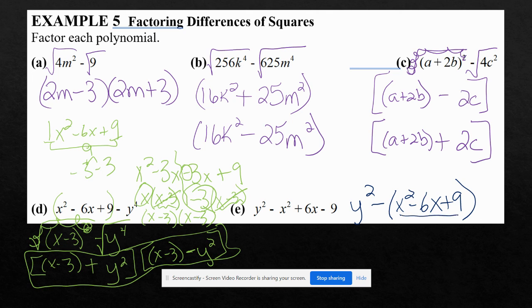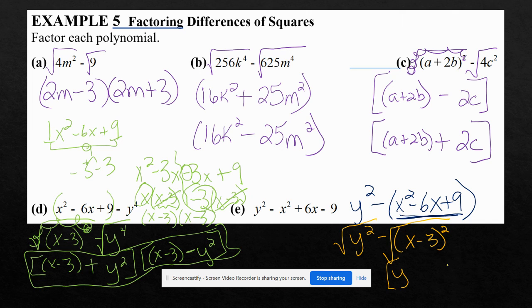Well, we already did the factoring for this over in letter D. So we know this is y squared minus (x minus 3) squared. Two terms, subtraction. Take the square root of each. The square root of y squared is y.